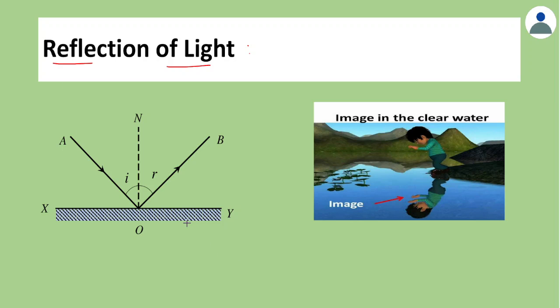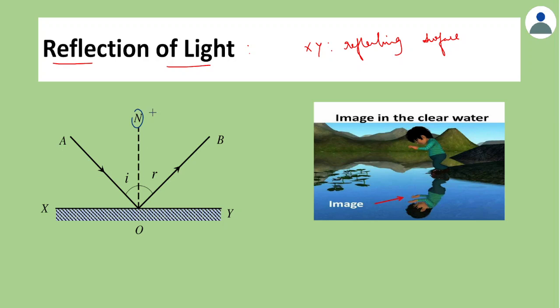As given here, you've taken XY. Now this XY could be a mirror, could be anything. We just call XY a reflecting surface. To generalize this, it's a reflecting surface. Now this AO is called the incident ray, and then we draw the normal.